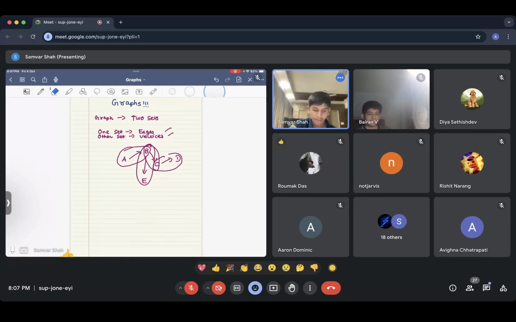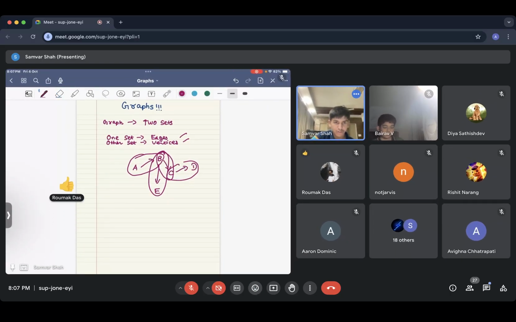Moving on, I'll be explaining the concept of directed versus undirected graphs. This is a quite simple but powerful concept. If you notice here, there was this arrow from A to B, and all the edges were arrowed.